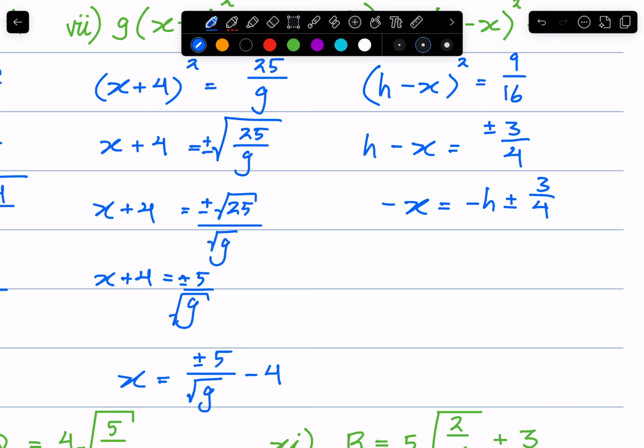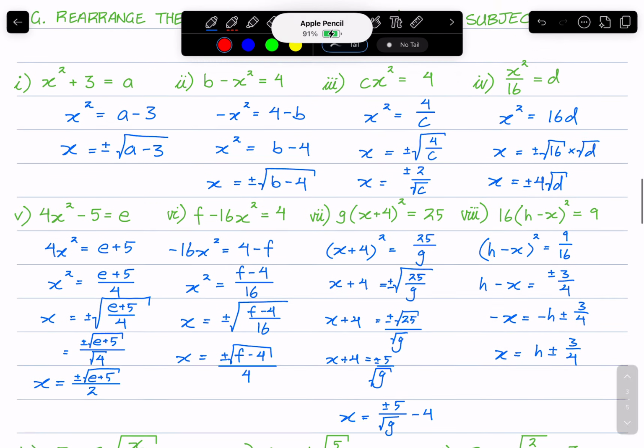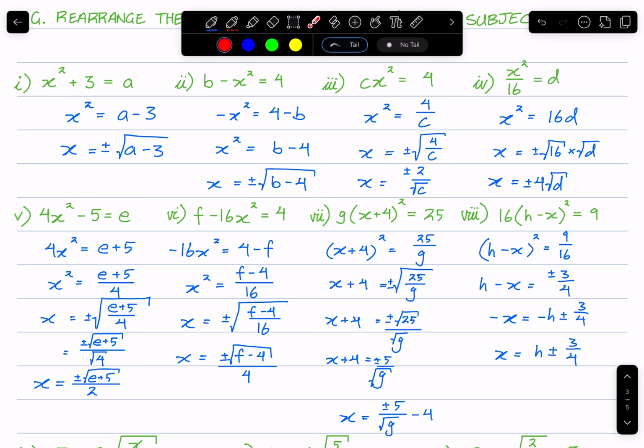So dividing by negative 1, we get x is equal to positive h plus minus 3 on 4. Now, the plus minus doesn't change because it has both. So when we divide by a negative, the plus becomes negative and the negative becomes positive, which still gives us plus minus.